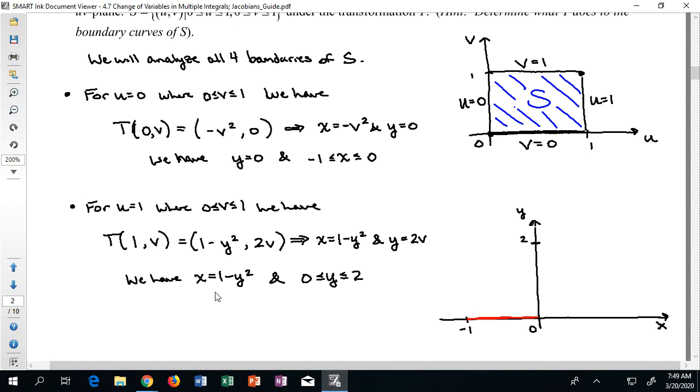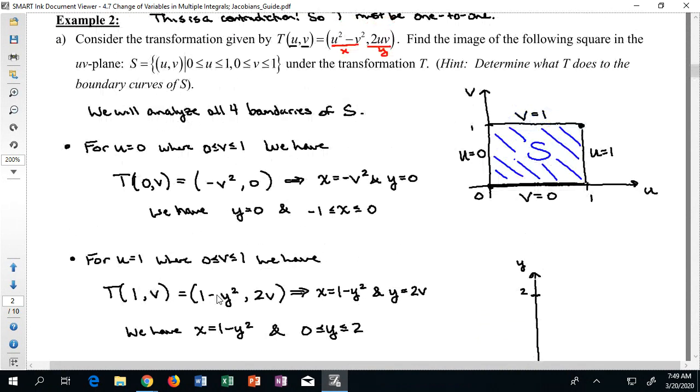wait a minute. I think I made a small mistake here. Maybe you already caught it. I think this underlined red line here is really throwing me off. When I actually replaced these values of 1 and v in here, this should be, excuse me, 1 minus a v squared. That definitely changes some things up here.